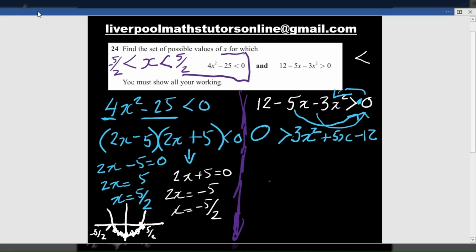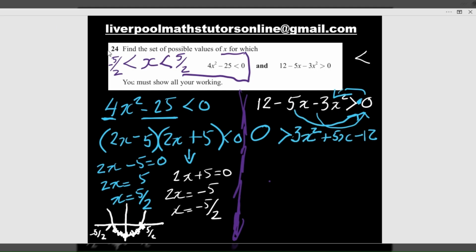So writing that out in a format that we like, I can say 3x squared plus 5x minus 12 is all smaller than 0 now. So the 0 has flipped round with it. And what you've done really is times through by minus 1. Right, now I'm going to think about factorising this inequality now. Because the 3 is prime, it's going to start like that, isn't it?